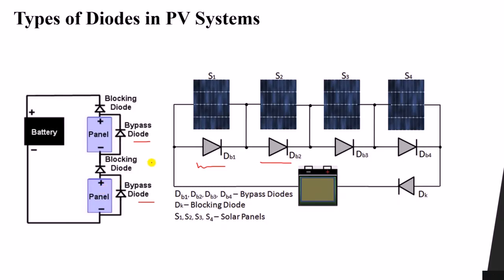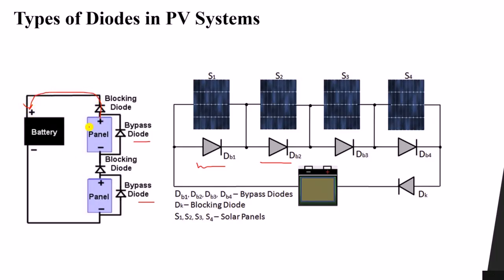Now you will find that there is another type of diode called the blocking diode. What does this diode do? It simply prevents the power flow from the battery to the panels. As you know, during the day the panels are supplying electrical power to charge the batteries.